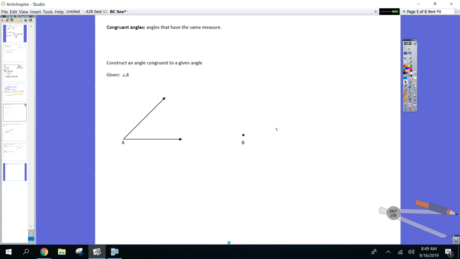All right, so let's draw one first before we construct it. So I'll have angle DEF, and we'll have angle XYZ here. I'll tell you both angles are 52 degrees.